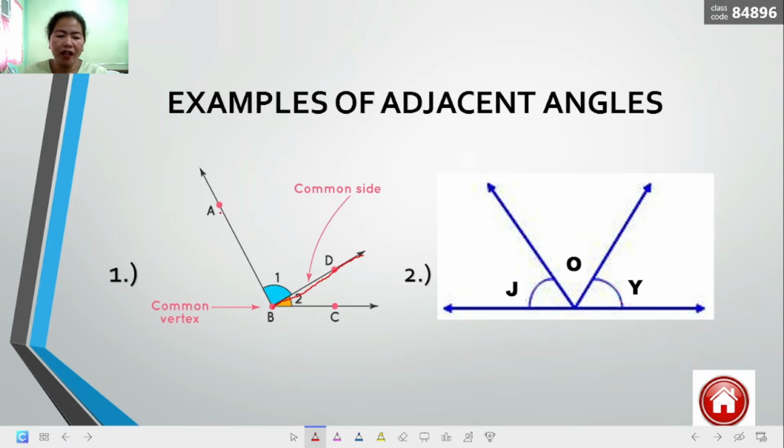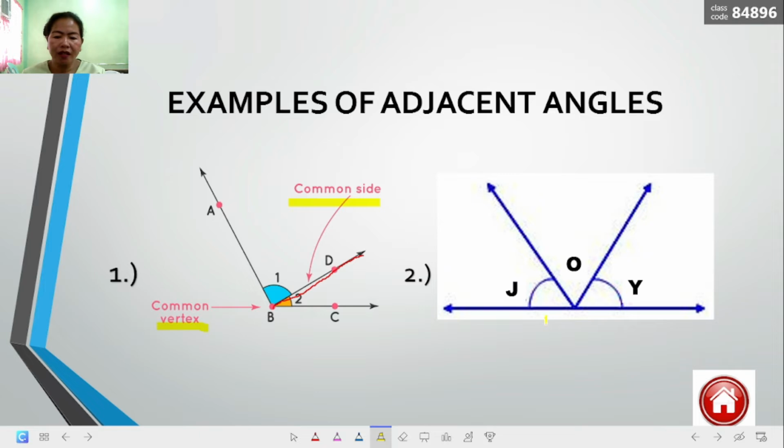So therefore, this ray indicates that this is the common side of the two angles, angle 1 and angle 2. So when we say adjacent angles, these are angles that share a common vertex and share a common side. The common vertex of these angles is vertex B. Okay, let's proceed to another example.